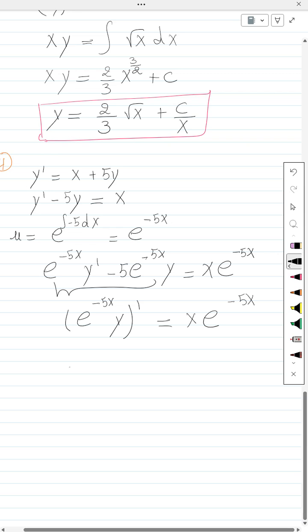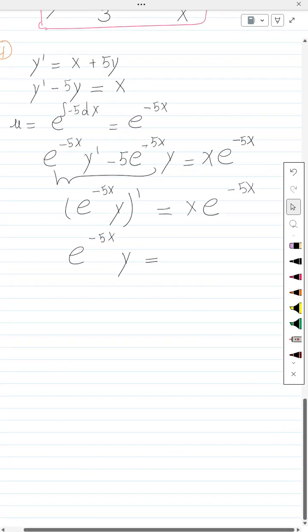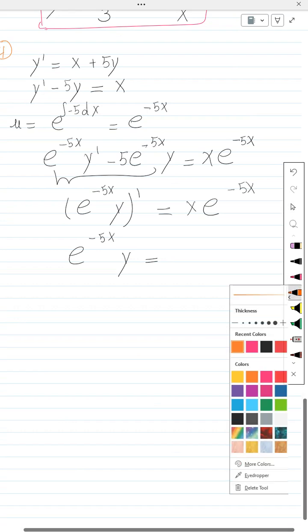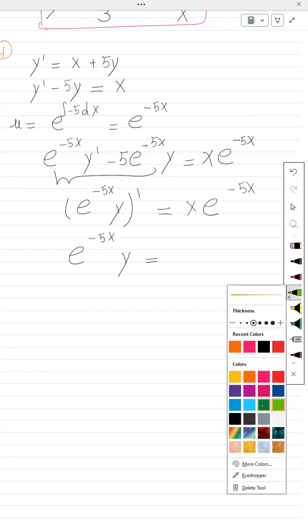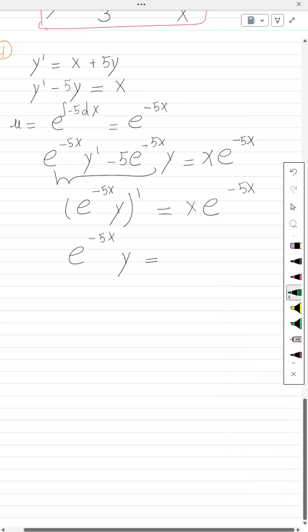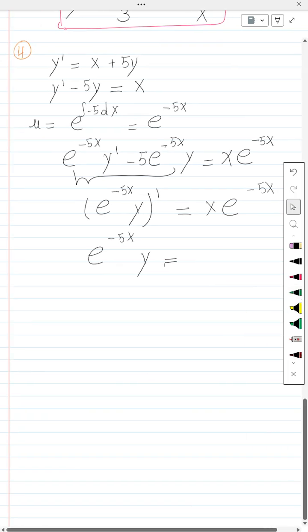So by integrating both sides, we're going to get exponential minus 5x y is going to be equal to something. We need to get the integration of x times exponential minus 5x.